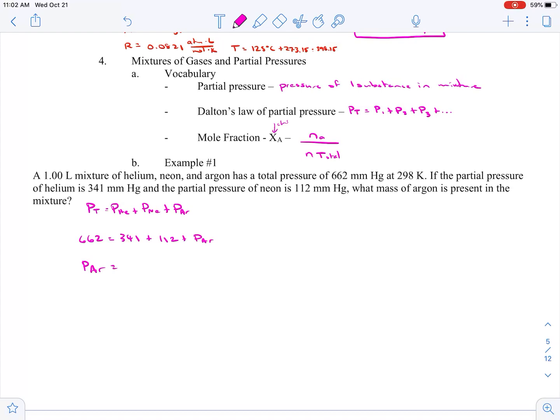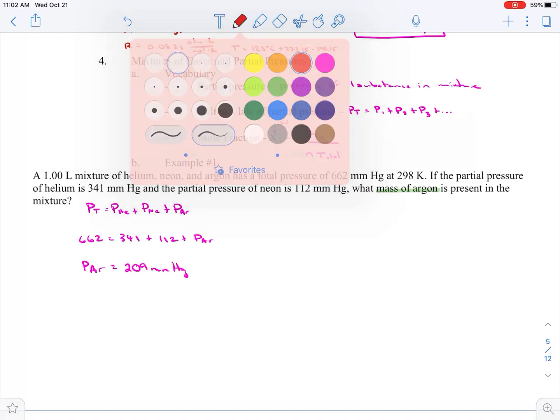This will give us our partial pressure of argon, which is 209 mmHg. So we found our partial pressure of argon, but we need to find our mass of argon. So we're now going to plug this into PV equals nRT and go from there.